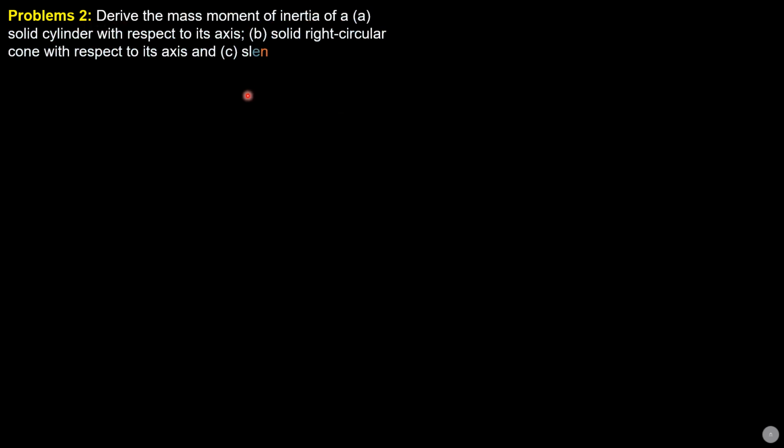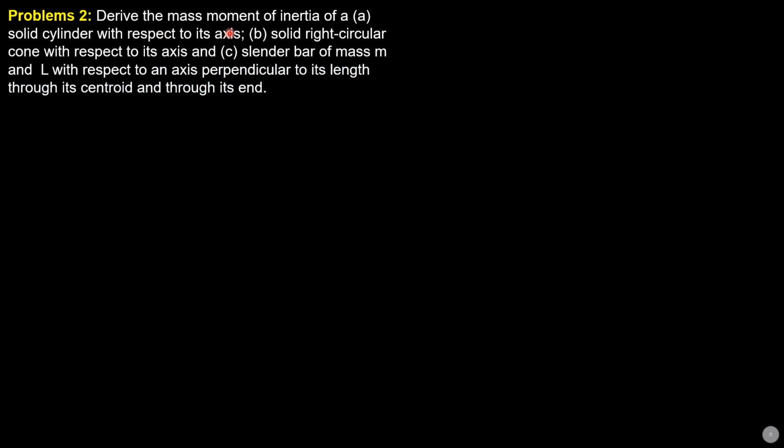So for the second problem, I call this problem 2 because there are 3 sub problems. A: derive the mass moment of inertia of a solid cylinder with respect to its axis, and we use this as our guide in deriving formulas for moment of inertia where the differential element looks like that of a solid cylinder, or a disk, even with a hole, or disc or washer.